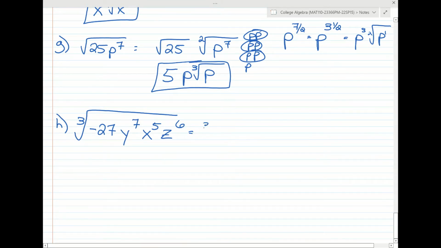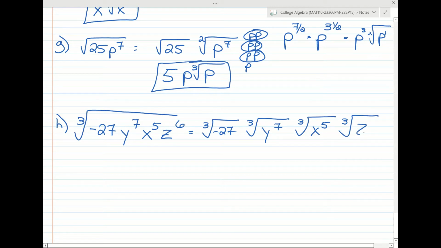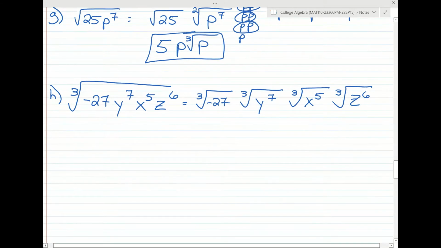We'll write this as the cubed root of negative 27 times the cubed root of y to the 7th times the cubed root of x to the 5th times the cubed root of z to the 6th. Cubed root of negative 27 is just negative 3.